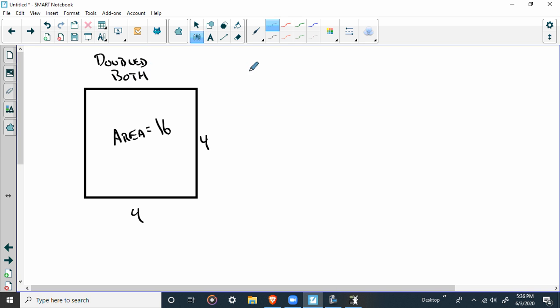Well, now think about it. This was length times width. Well, what did I say? 2 times the length times 2 times the width. So what did I get this time? I will actually multiply it: 4 times my length times my width. So what will you get?